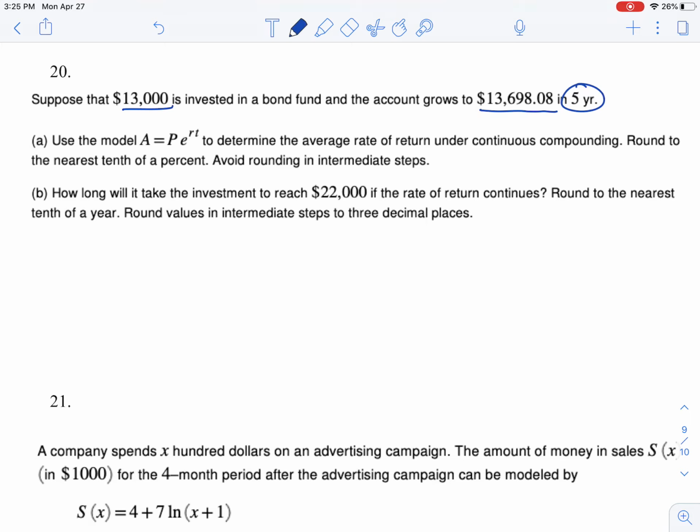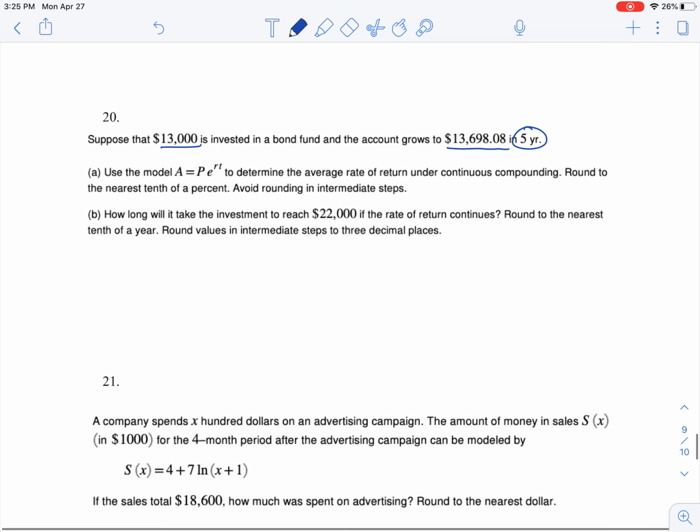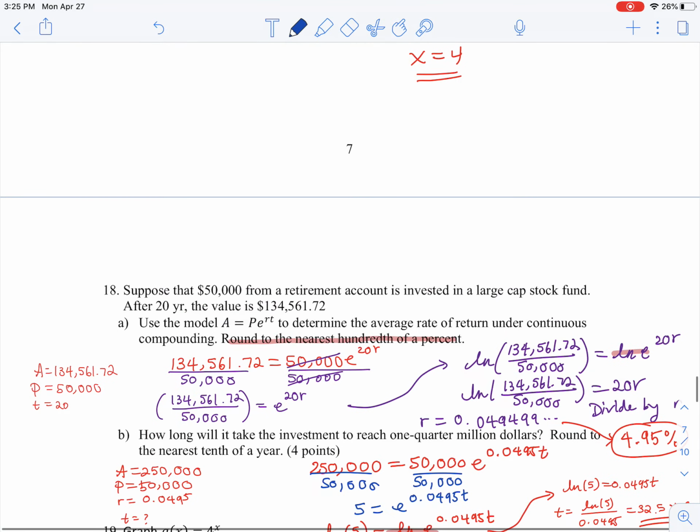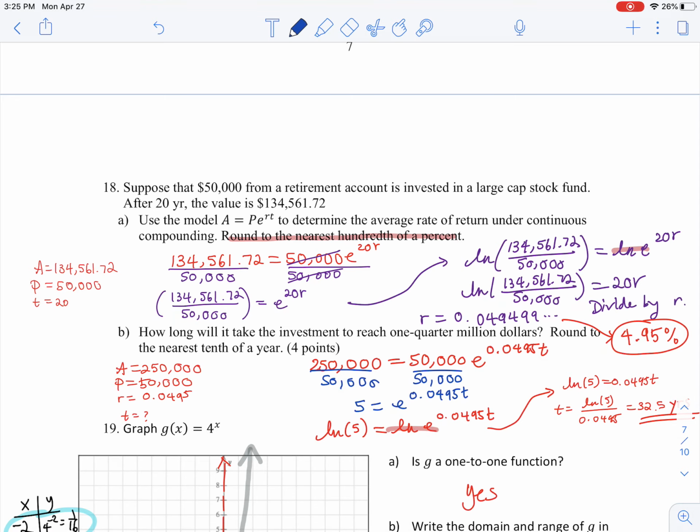Okay, so use the model A equals P times e^(rt) to determine the average rate of return under continuous compounding. Round to the nearest 1/10 of a percent. Avoid rounding in intermediate steps. Now, guys, don't you think this is very similar to number 18, where we did the large cap stock fund?